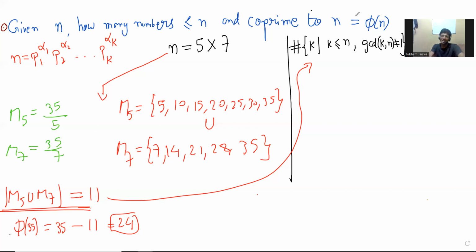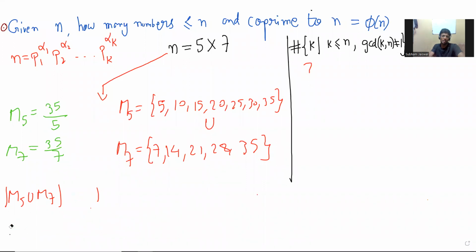But if you only know these things, then how do you calculate the union? We have to subtract something. What do we have to subtract? The overlap, right? And what is the overlap? These are simply the multiples of 35.